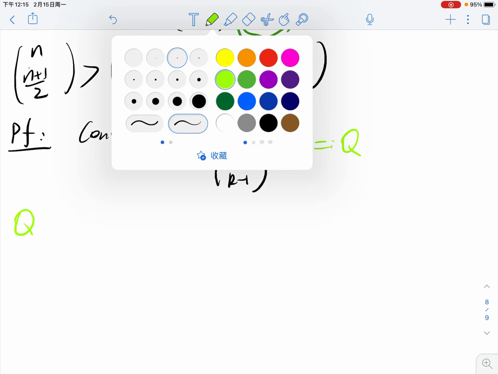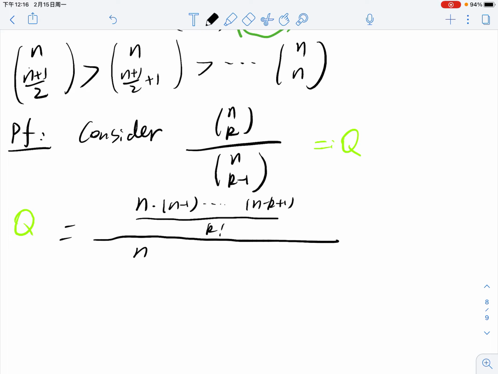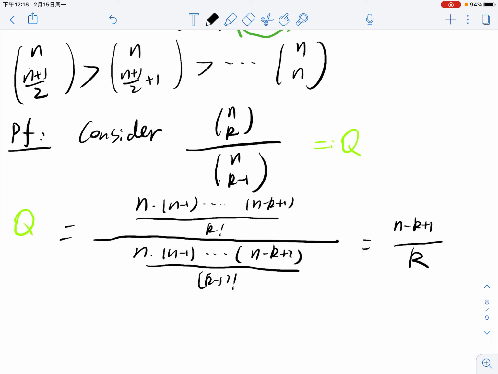So Q equals n times n minus 1 all the way to n minus k plus 1 divided by k factorial, and then you divide by n times n minus 1 all the way to n minus k plus 2 divided by k minus 1 factorial. Therefore, if you cancel out factors, you have n minus k plus 1 divided by k.